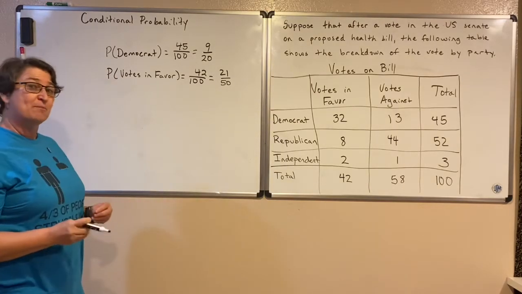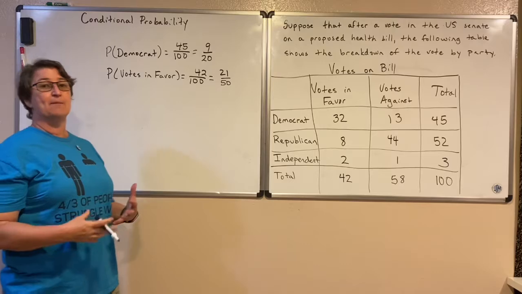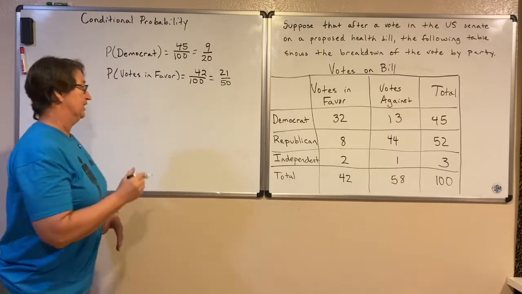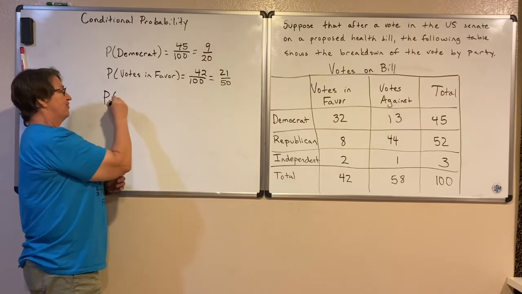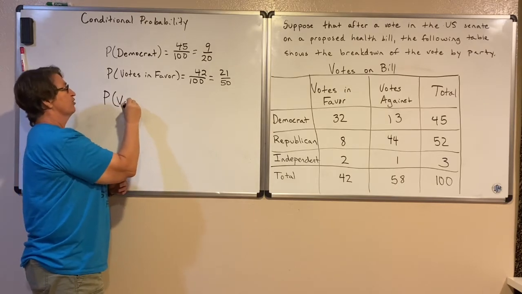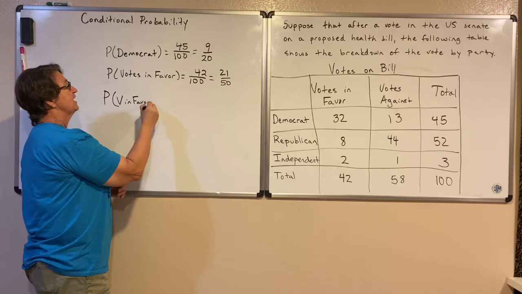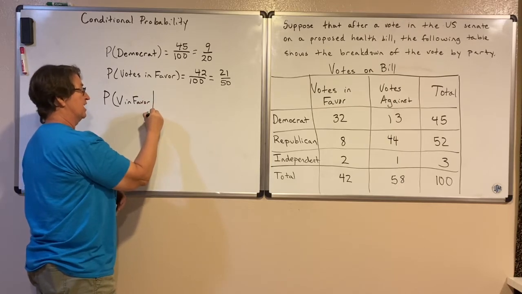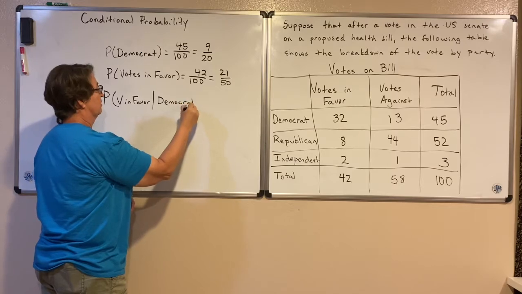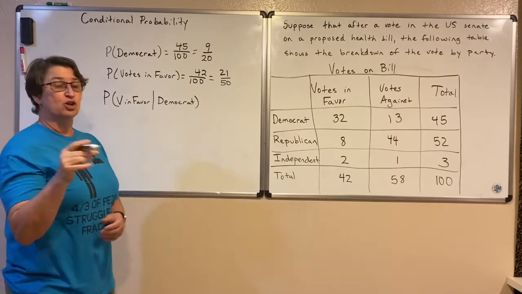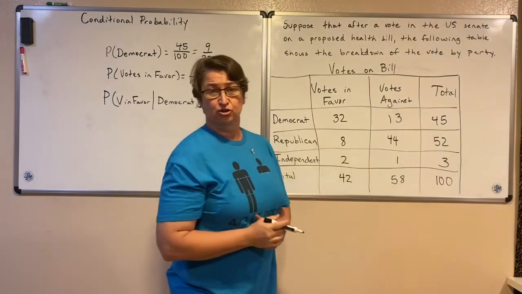Okay, now I'm going to make a condition on this. I'm going to make it a conditional probability. So that I ask you, what is the probability that they vote in favor given that we know they're a Democrat? So now in this case, I'm not looking at all the senators.